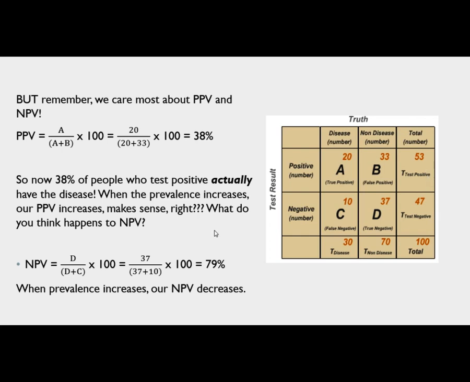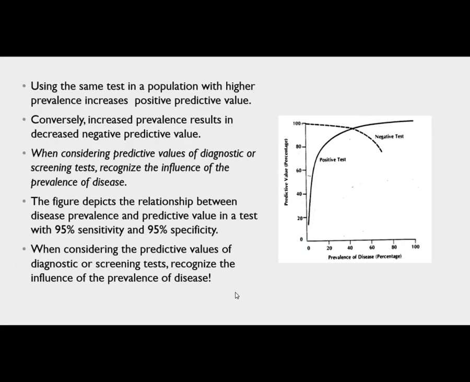When the prevalence increases, our PPV increases, which makes sense, right? Now what do you think happens to the negative predictive value? When the prevalence increases, that decreases. So let's look, we have 37 divided by 47, and we get 79%, so it decreases. So using the same test in a population with higher prevalence increases positive predictive values.